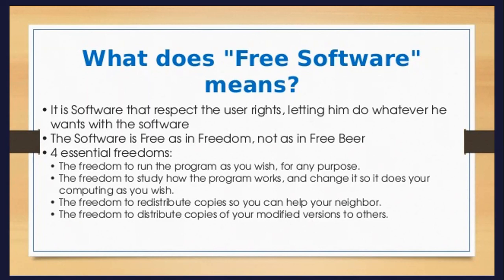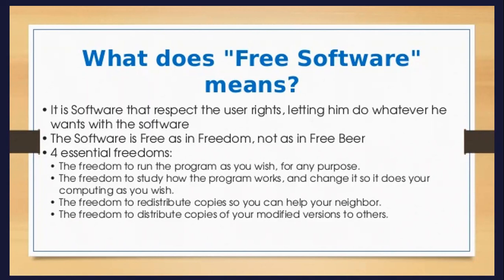There are 4 essential freedoms. The freedom to run the program as you wish for any purpose. The freedom to study how the program works and change it so it does your computing as you wish.